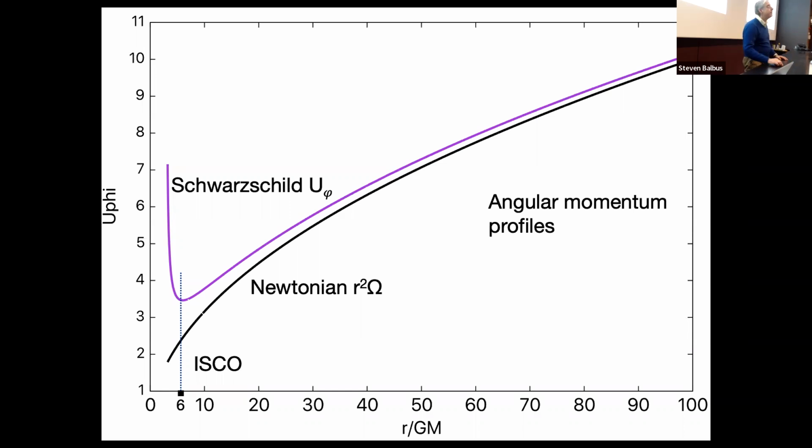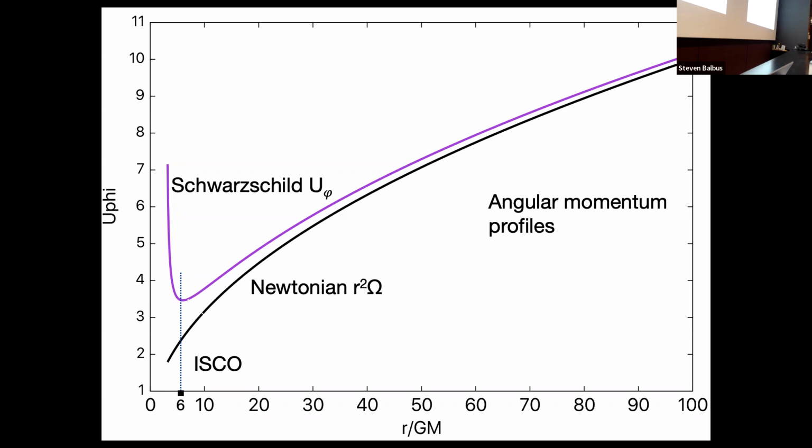So general relativity has a very, very important feature. For the Schwarzschild case, inside of 6 gravitational radii, you can't have a disk, at least not as we know. The orbits are unstable. It gets cut off. And that point is called the ISCO, innermost stable circular orbit.